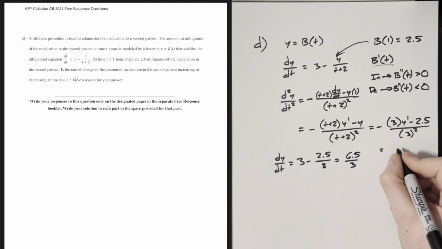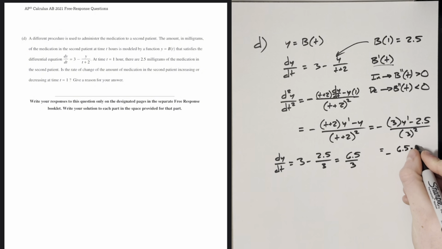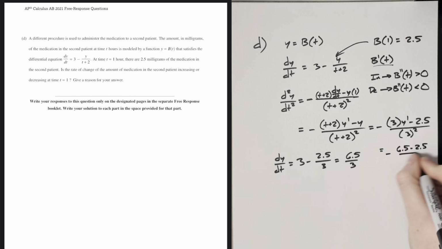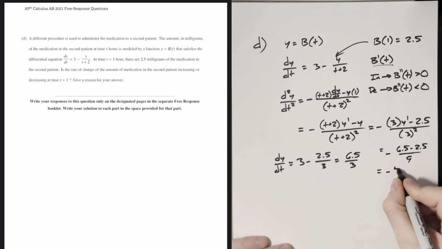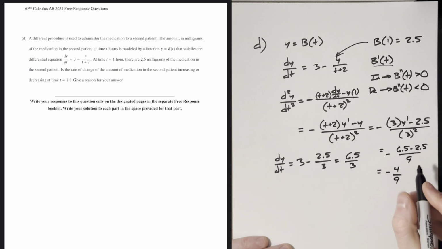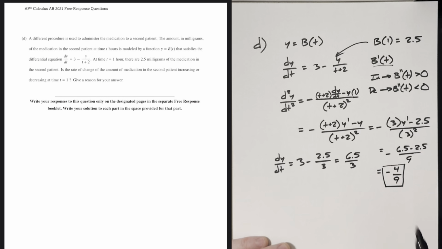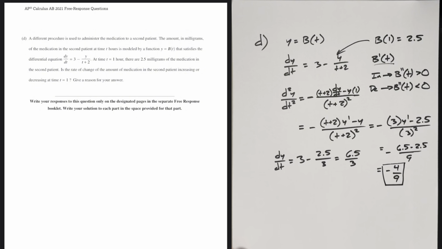So this will equal negative (6.5 minus 2.5) over 9, which equals negative 4 over 9. And that is my rate of change of my rate of change, right? That is my second derivative.